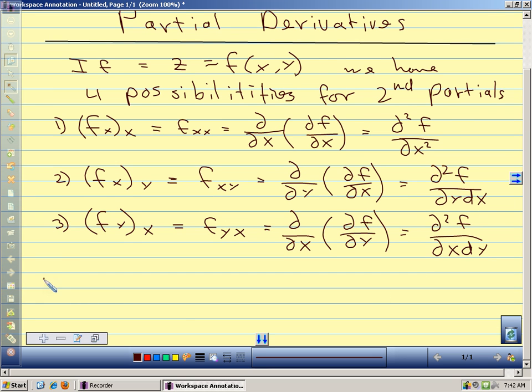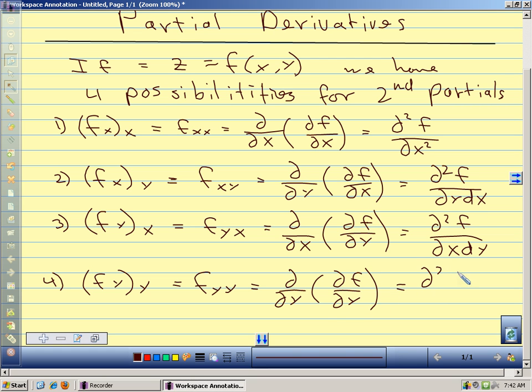And our final possibility is we take our partial with respect to y both times. And that's fyy, or d dy of df dy, and that's d squared f dy squared.